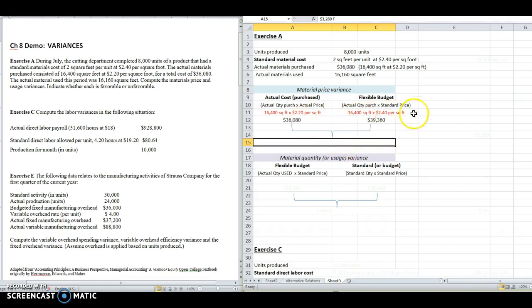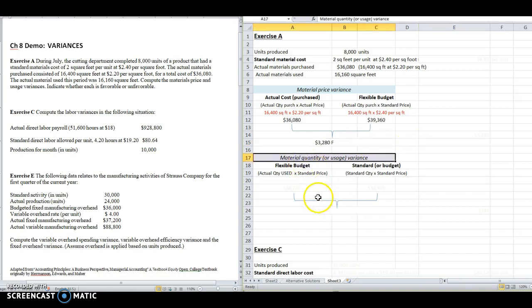That's the difference between these two. Since my actual cost is less than I budgeted, I paid $2.20 per square foot instead of $2.40, that would make it a good thing or a favorable variance. So I would put the variance in here with a positive number for the dollar amount and then favorable, because it's nice that we spend less than we had planned.